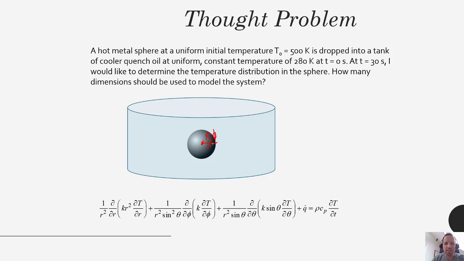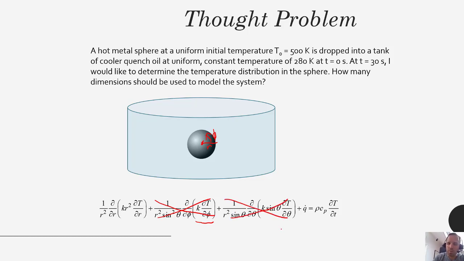The answer there is no. There's some symmetry here, again, because of the radial nature of this system. So we'd have symmetry in both of those directions, with respect to theta and with respect to phi. That means we would not expect any temperature gradients with respect to those angles, and we could just eliminate those two terms entirely.